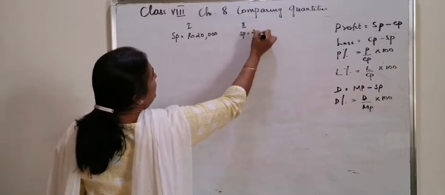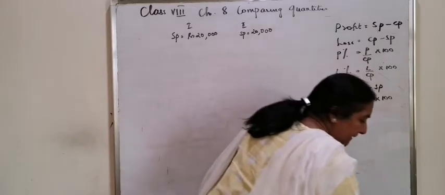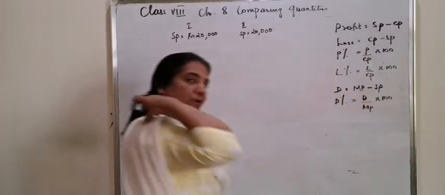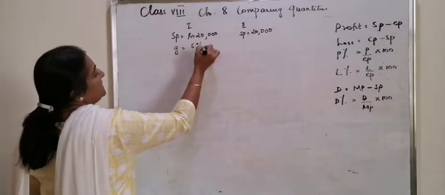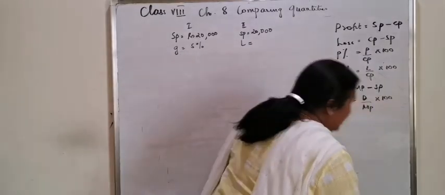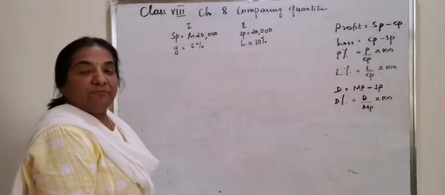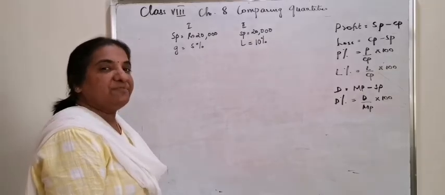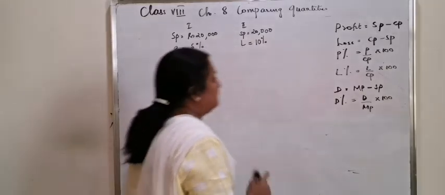On the first one he made a gain of 5%, and on the second one he has made a loss of 10%. We have to calculate the overall gain or loss.